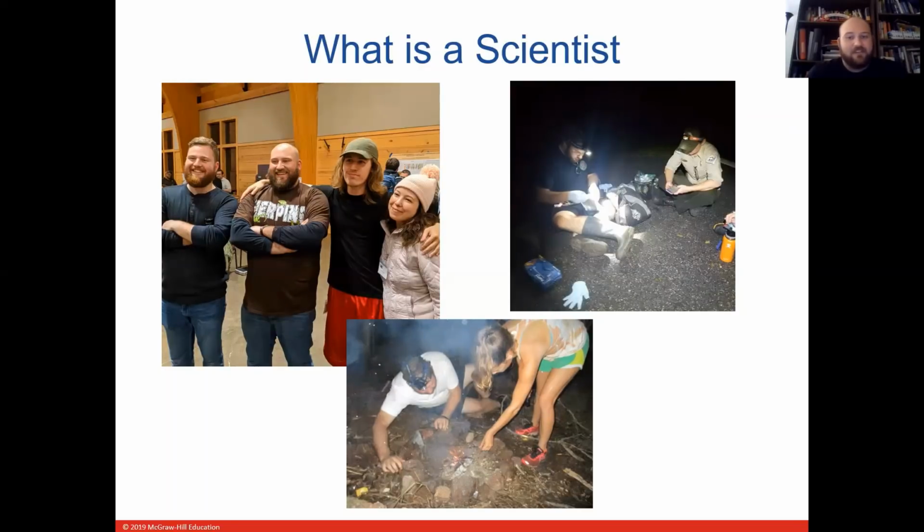And scientists aren't always stuck and pigeonholed in the labs either. Here you see on that top right-hand corner, me working at one of my field sites. It was probably 11, 12 o'clock at night, and I'm sitting there trying to swab and handle some of the frogs so I can find out how much disease they have at a given area. And funnily enough, scientists aren't just all boring old fuddy-duddies that get stuck in their buildings all the time.